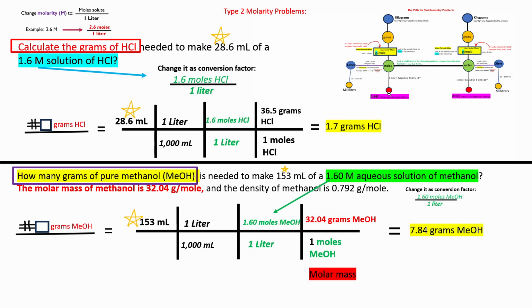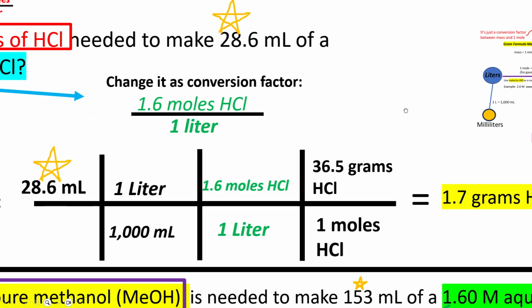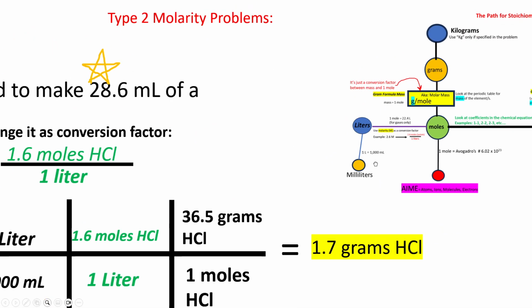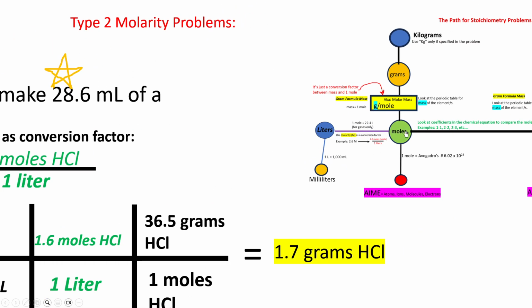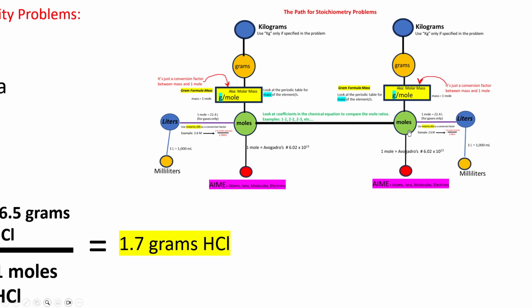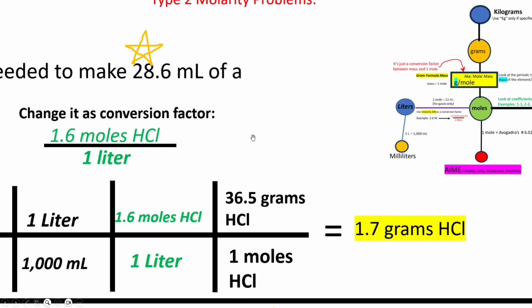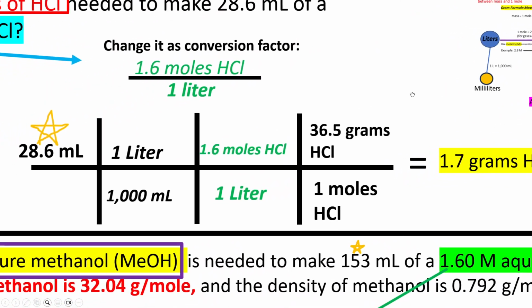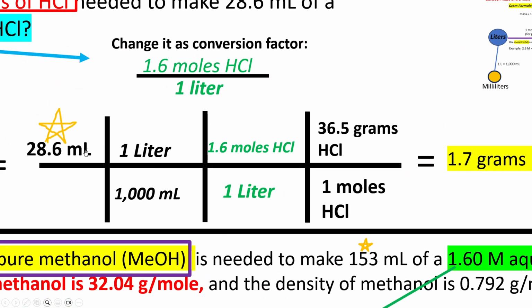And guess what? You can find that here in your stoichiometry path. You're going to go from milliliters and then eventually make it to grams, okay? Either the left side or the right side that you use, you'll be okay. All right. So this is our starting point, and then we know that the units have to match, right?